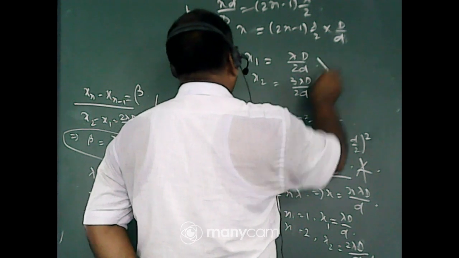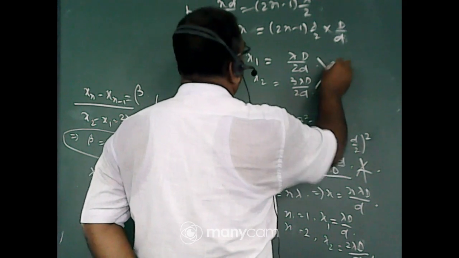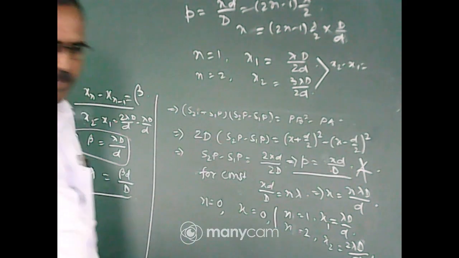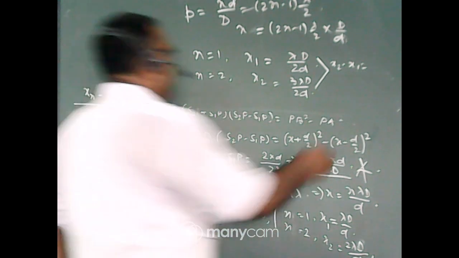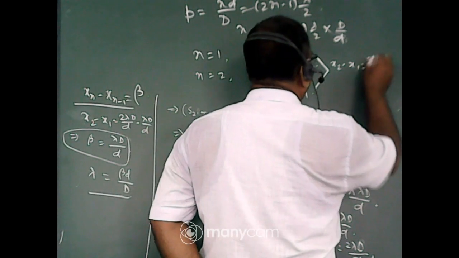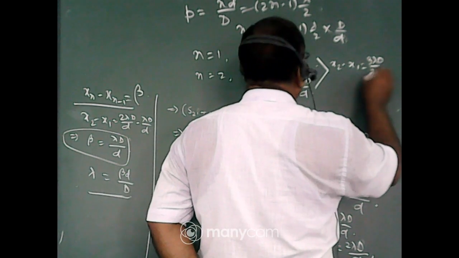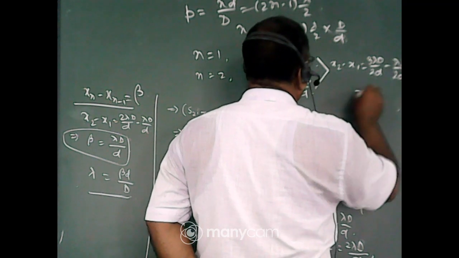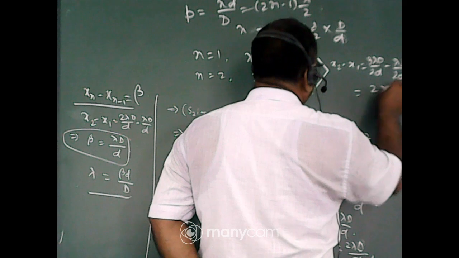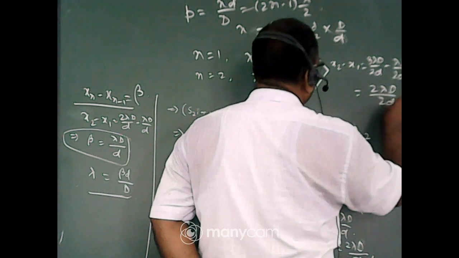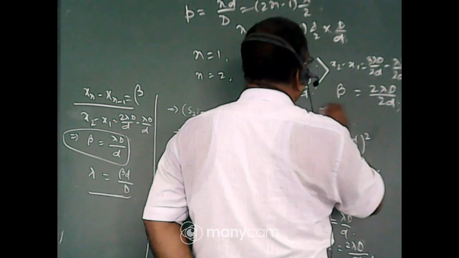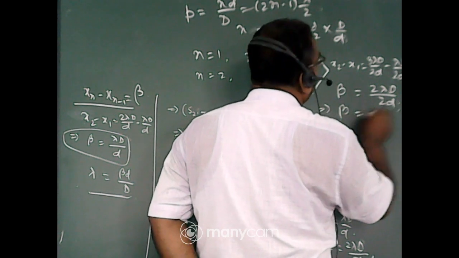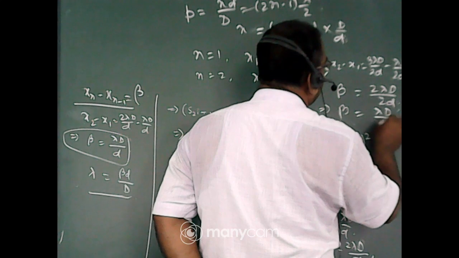So if you find out the value of fringe width x2 minus x1, what will be its value? x2 minus x1, that value will be 3 lambda D by 2d minus lambda D by 2d. That value will be 2 lambda D by 2d. That is equal to beta. So beta equal to lambda D by small letter d.